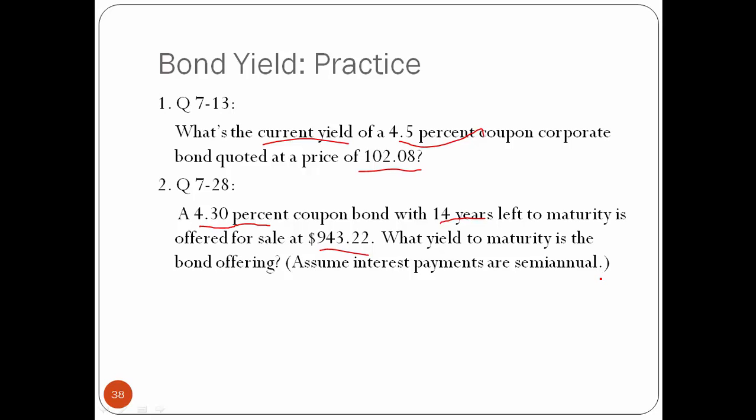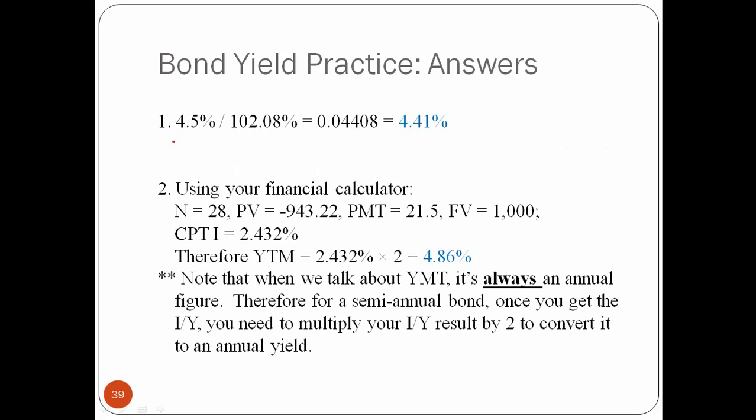So for the first question, pretty simple. 4.5% coupon payment divided by, this is the price. So you notice here we are using both percentages. If we use both percentages, that's fine. Or if you say, hey, I want to use dollar values, then use the 4.5% coupon interest rate multiplied by the $1,000 par value, and you get the total coupon payments, right?